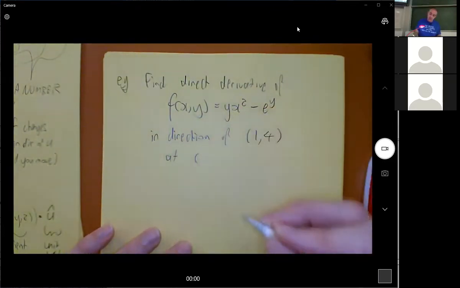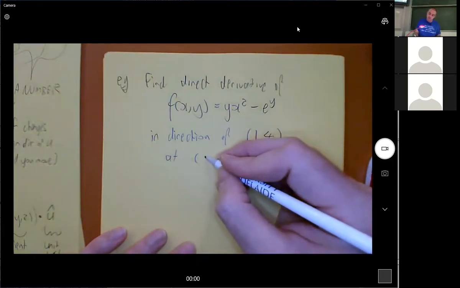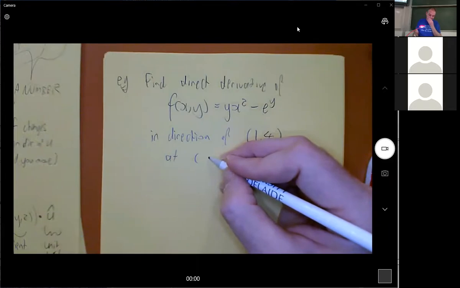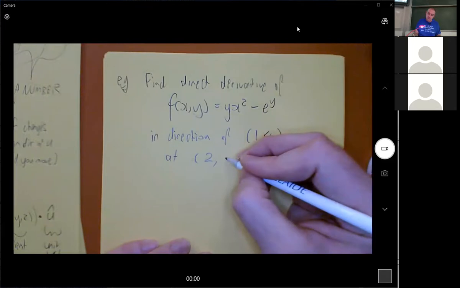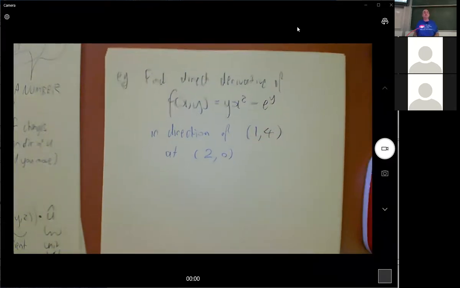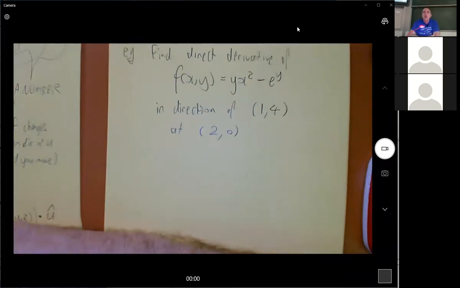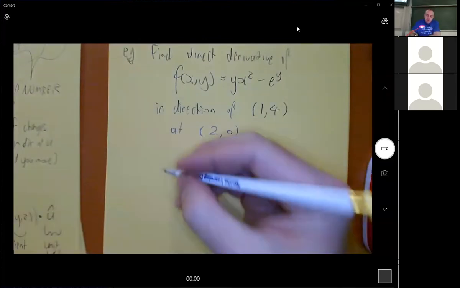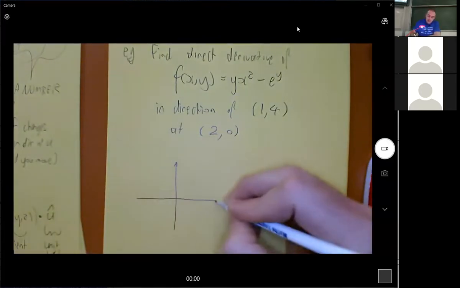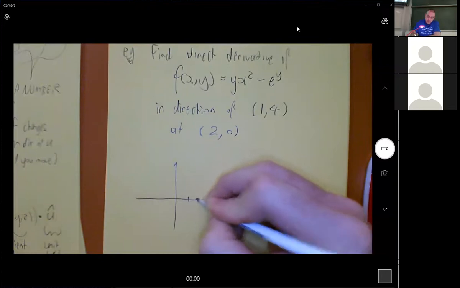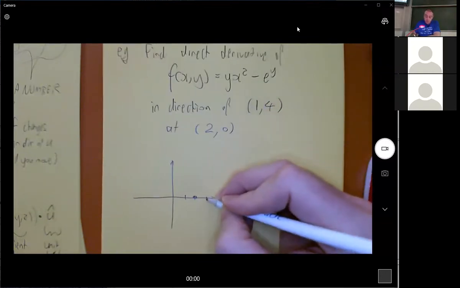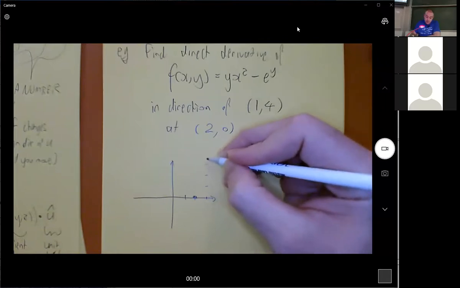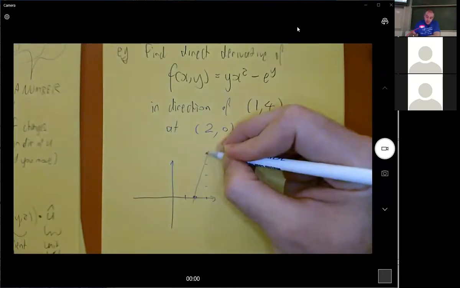At the point 2, 0. So just to make sure we know what's going on here, we are at the point 2, 0. And the direction we're going is the same direction as 1, 4. So that's 1 across and 4 up, that direction.